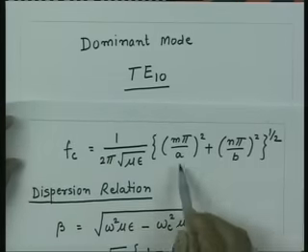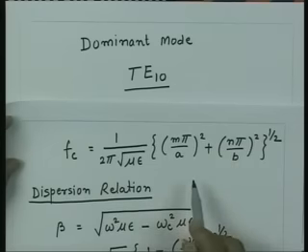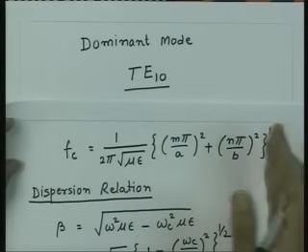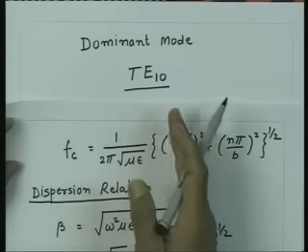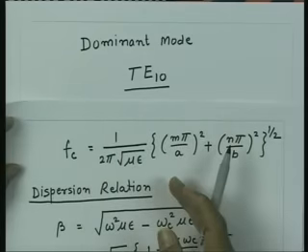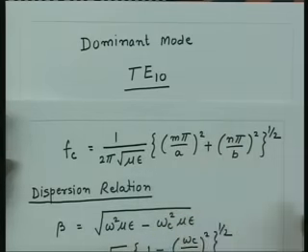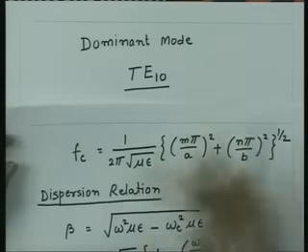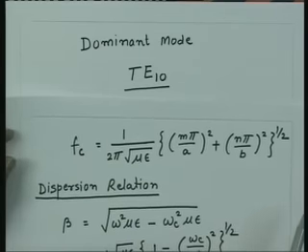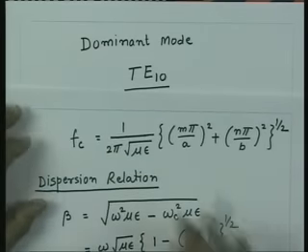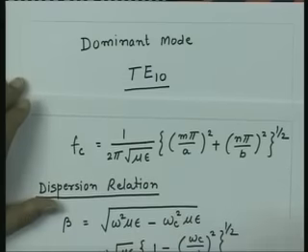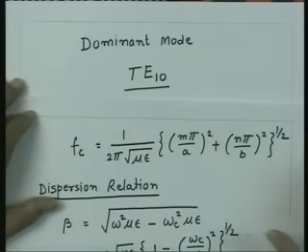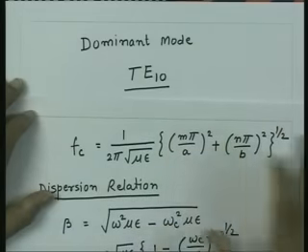So, depending upon the dimension, the ratio of a and b, it is possible that the higher order TE modes like TE20 or TE30 may have cutoff frequency smaller than TM11, or they may have a frequency more than that. So, one cannot make any general statement about the order of the cutoff frequencies for the various modes of TEmn or TMmn.